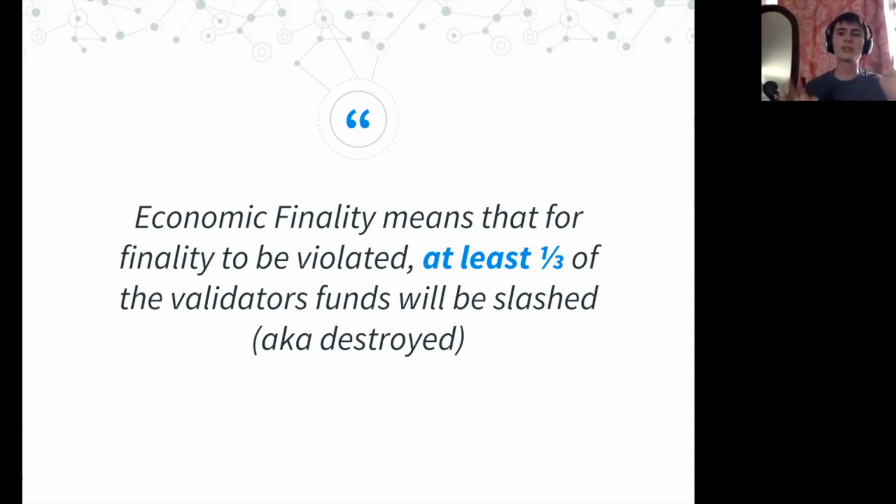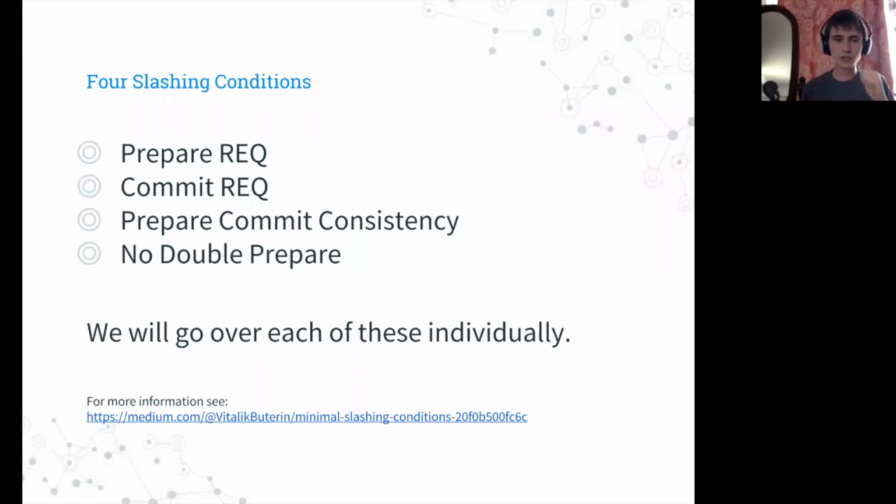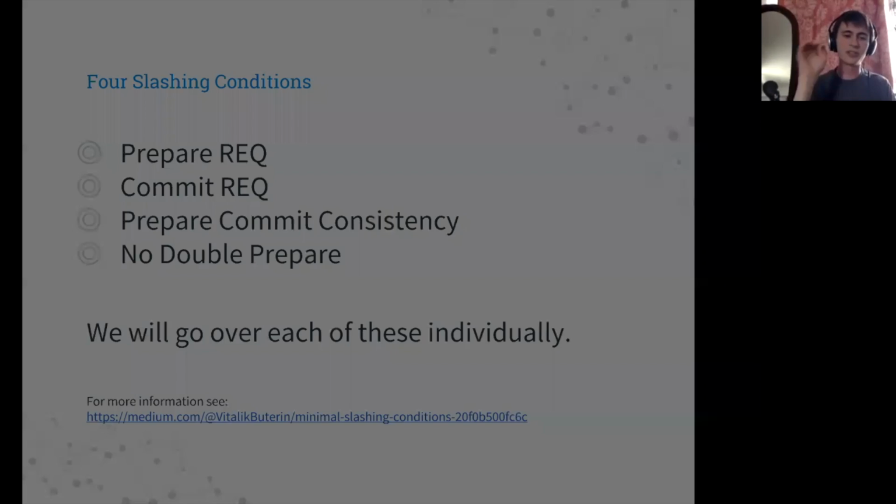But I'm not going to go over that very much in this talk. You can think about it this way: if someone misbehaves, another validator who is aware of the misbehavior can prove it to the smart contract, get a 4% reward, and destroy their funds. So prepare requirement, commit requirement, we're going to go over all of these.